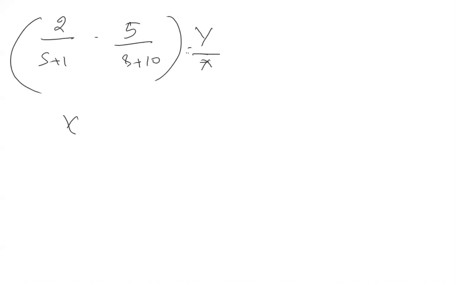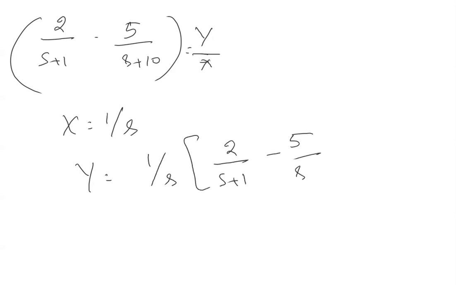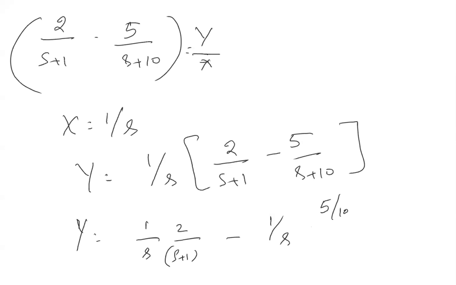Let's find the slopes. What is x? Let's take 1 by s. Then what is y? 1 by s into 2 by s plus 1 minus 5 by s plus 10. Now if we split this into transfer functions: 1 by s into 2 by s plus 1, minus 1 by s into 5 by 10, over s by 10 plus 1. This is of the form A by s into Kp by tau s plus 1. Do you remember?